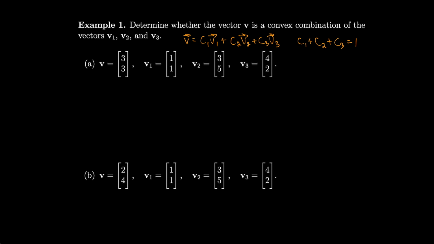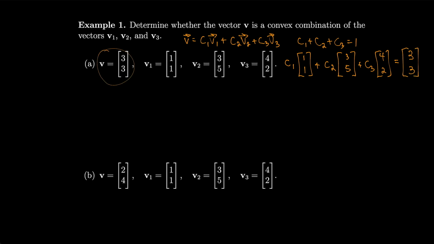So c1 is unknown, but v1 is given to us as the vector (1, 1). Then we add that to c2 times the vector v2, which is given as (3, 5), and add that to c3 times (4, 2), and some of these constants c1, c2, c3 have to give us the vector (3, 3) that we want. That's our vector v. So I just moved it to the other side.